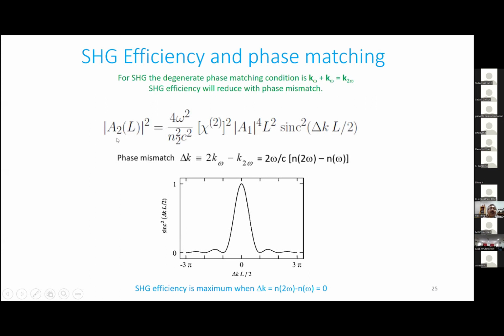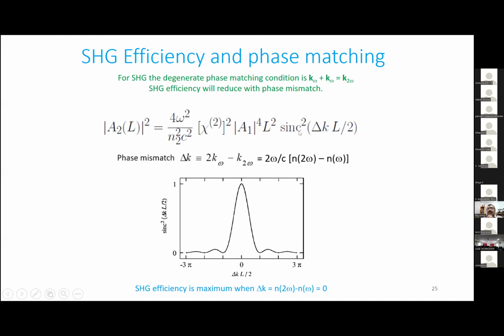A2 is the output amplitude of the second harmonic. Omega is the fundamental frequency. N2 is your nonlinear refractive index coefficient. C is the velocity of light. Chi2 is, of course, the second order susceptibility. A1 is your input. L is the length.